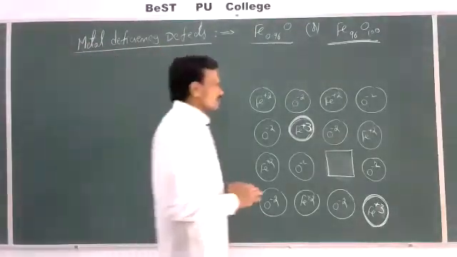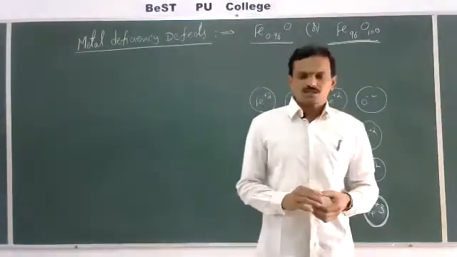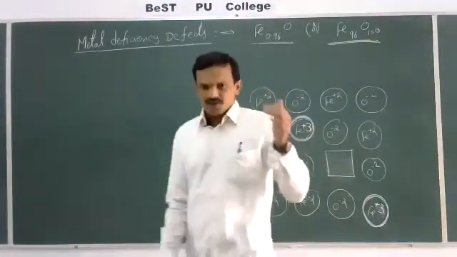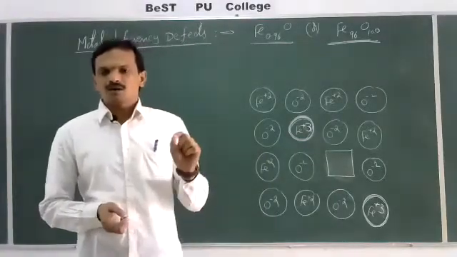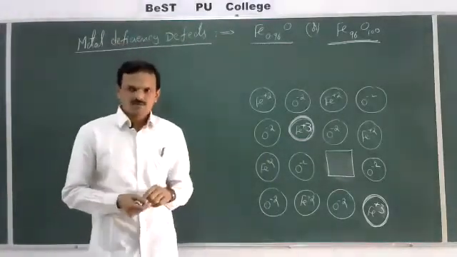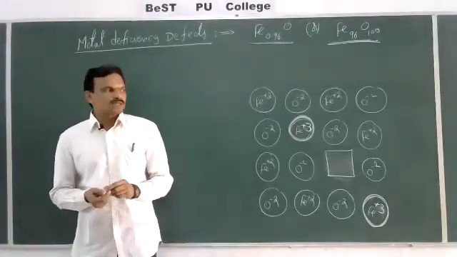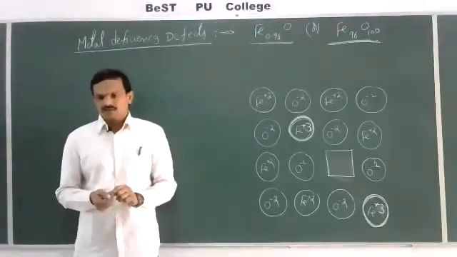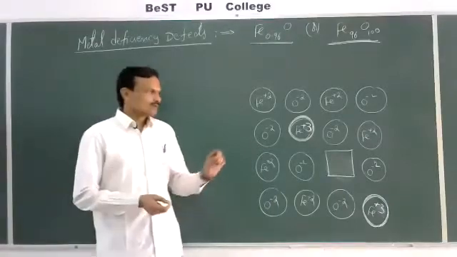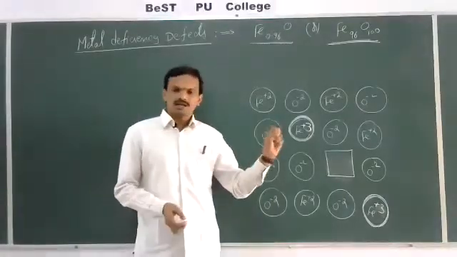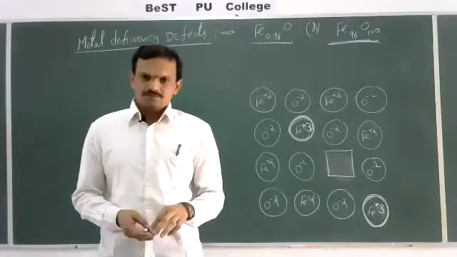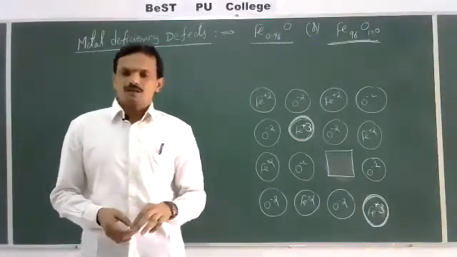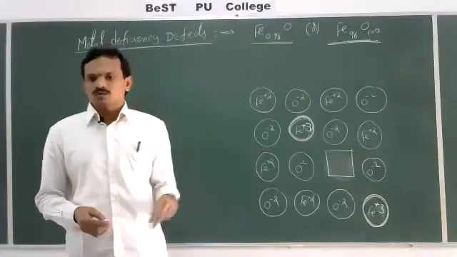Once again, these defects arise due to the presence of fewer metal ions than non-metal ions. The condition required to exhibit a metal deficiency defect is that the metal has the ability to exhibit variable oxidation states, that is, two or more oxidation states.